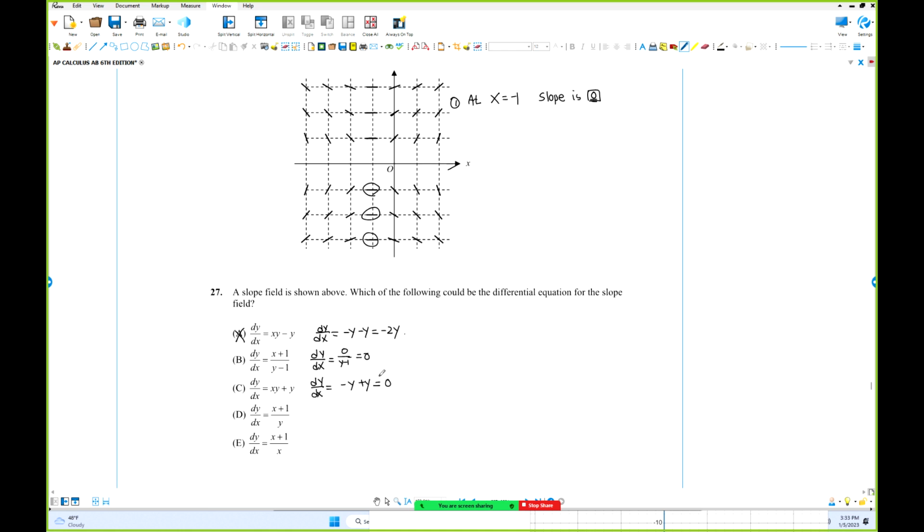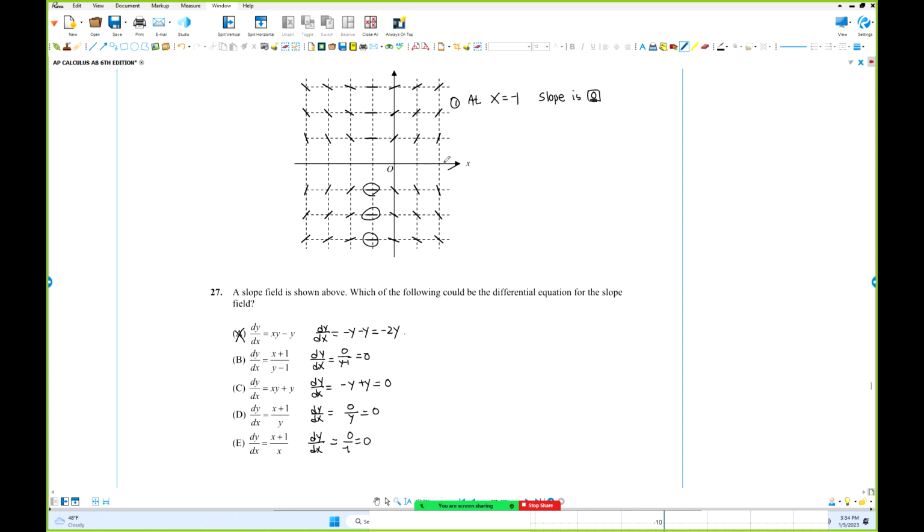That's fine. The fourth: dy/dx, -1 plus 1 is 0 over y. Still 0 is fine. They're all working. -1 plus 1 is 0 over x, I'm sorry, x equals -1, right? 0 over -1 is still 0.